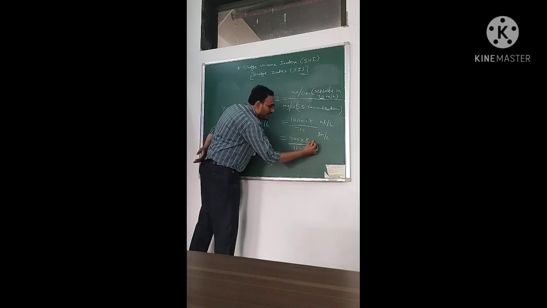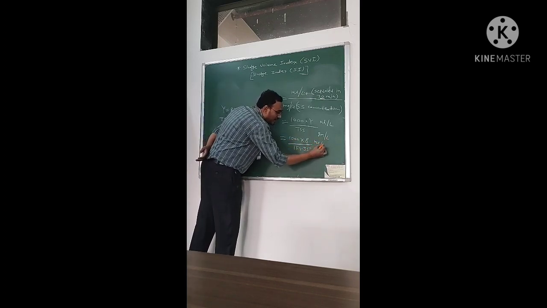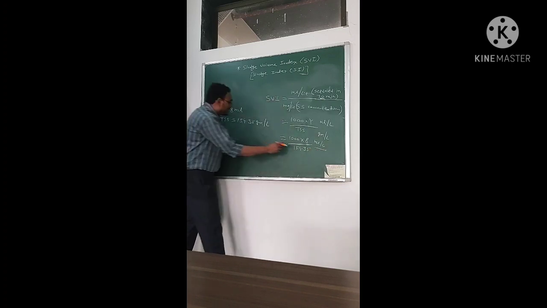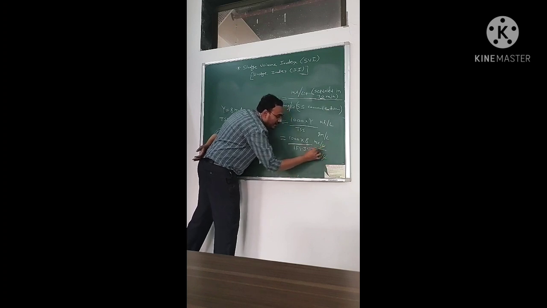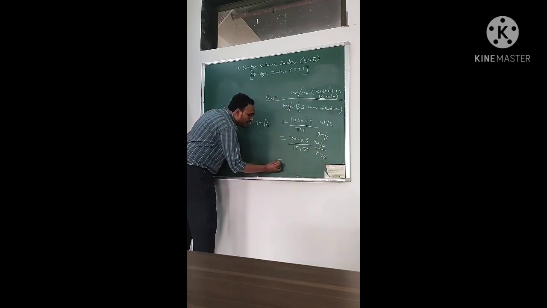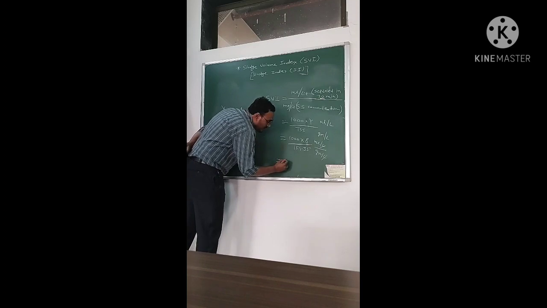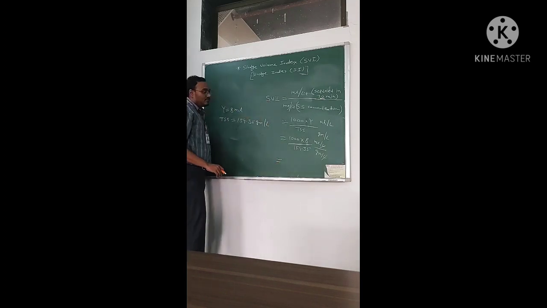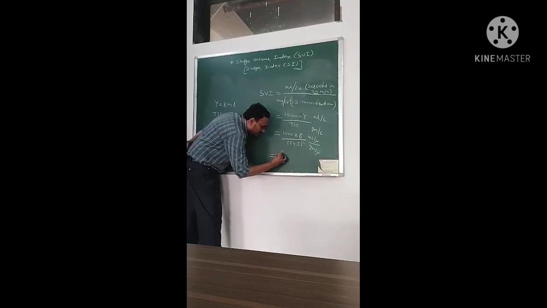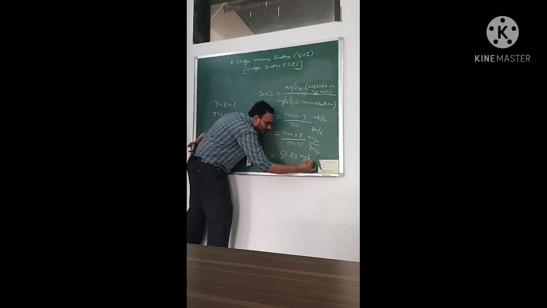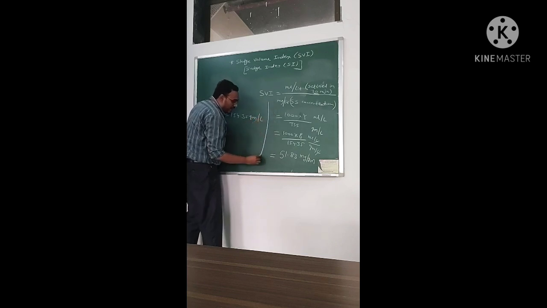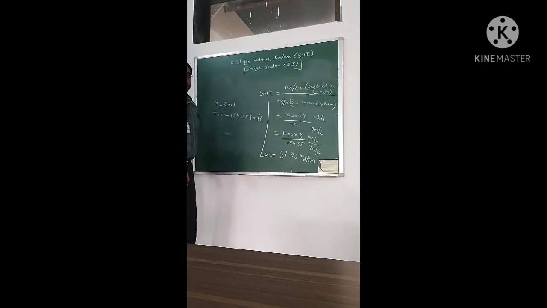The unit of this is ml per liter and the unit of this is gram per liter. This liter will get cancelled. So the final answer you will get here is about 51.83, that is ml per gram. So that is the SVI of the mixed liquor sample which we have obtained.